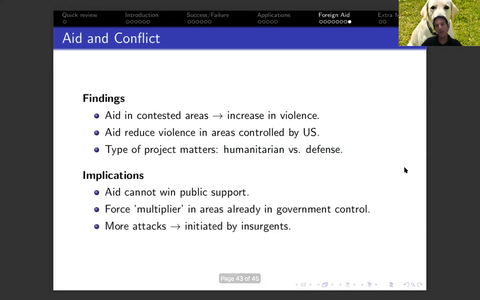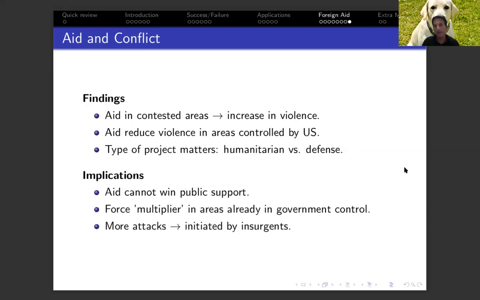Some of the implications of this research: the idea behind using the policy tool of economic aid to affect conflict behavior is that by itself, aid cannot win public support. It mostly serves the role of a force multiplier in areas where the government already has control, helping to pacify those areas, so there's less violence there.